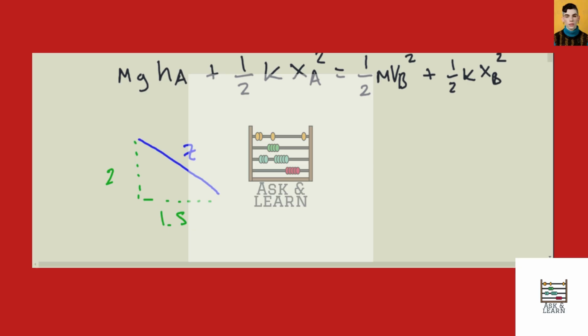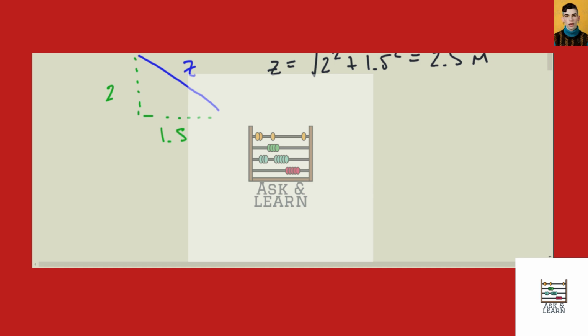You can call that c, or z, and the hypotenuse here is actually the length of the spring at point B, or point A. So z is just the square root of 2 squared plus 1.5 squared, and z is 2.5 meters.